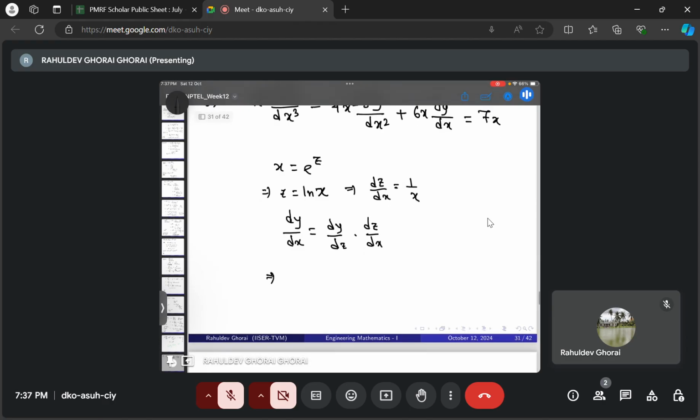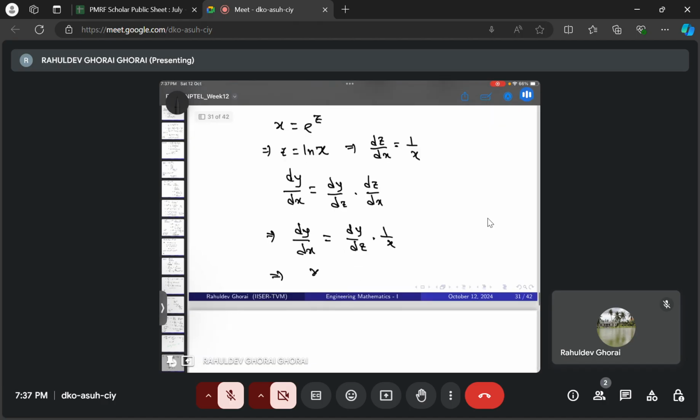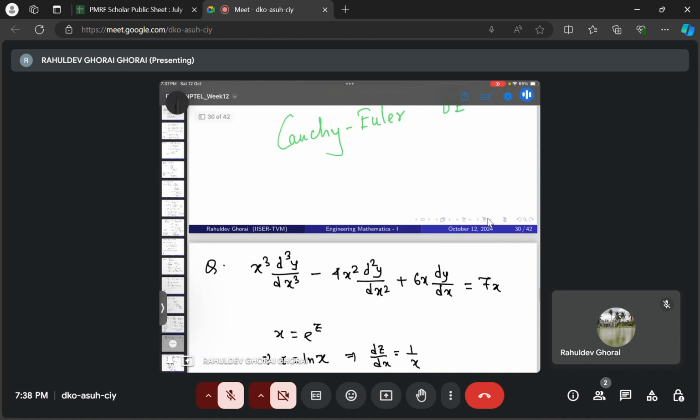So dy dx is equal to dy dz times 1 over x. Since x is non-zero, x dy dx will be dy dz. You can see the approach, that it is approaching the constant coefficient form. So x dy dx will be dy dz.